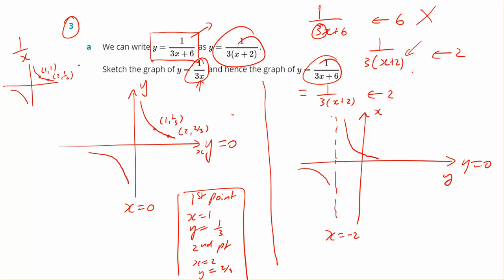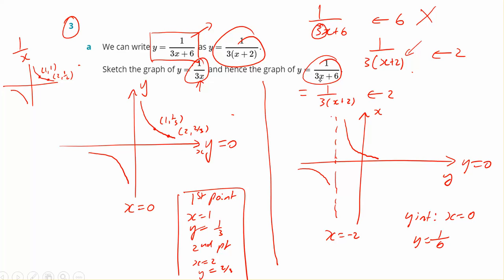So let's figure out what the values are. For the y-intercept, x equals 0, because I'm expecting a y-intercept. When x equals 0, y equals 1 on 6, because the x term goes to 0, so you've got 1 on 6 left.